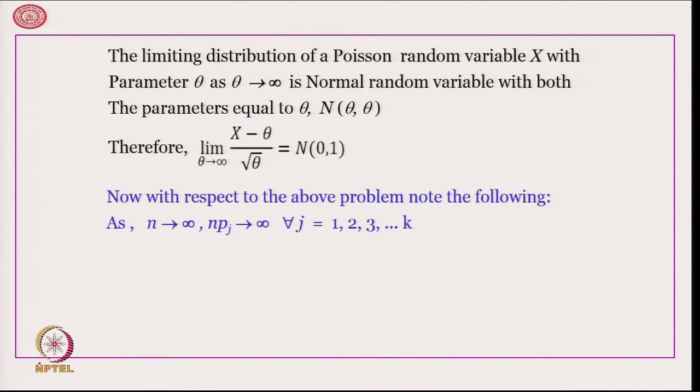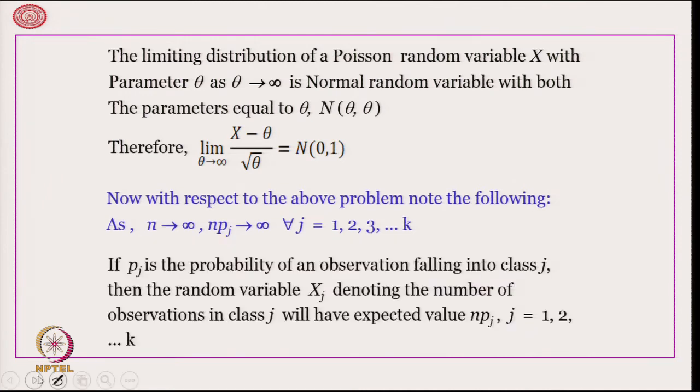Now, with respect to the above problem, that is the multinomial distribution, note that if n goes to infinity, then npj goes to infinity for all j equal to 1 to k.